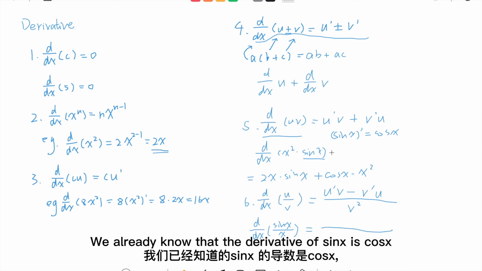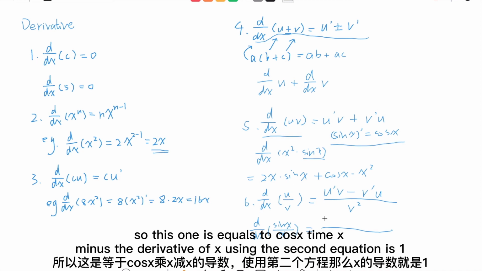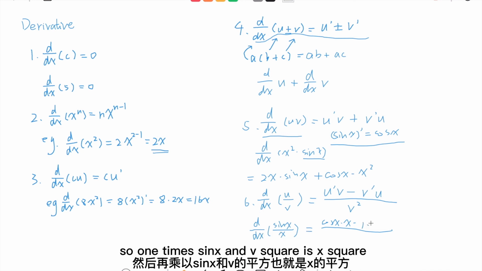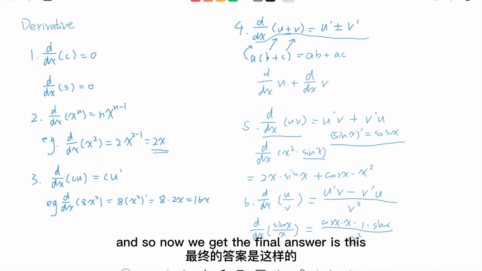We already know that the derivative of sine x is cosine x, so this equals cosine x times x minus the derivative of x, which using the second equation is 1, so 1 times sine x, and v squared is x squared. So now we get the final answer.